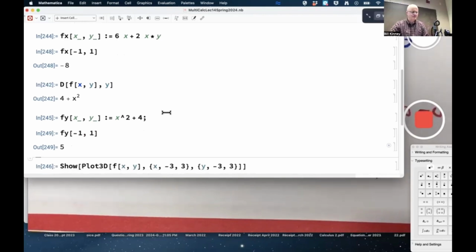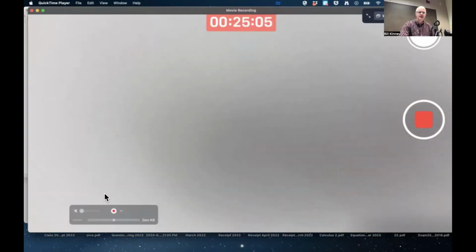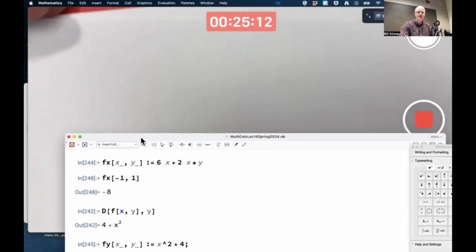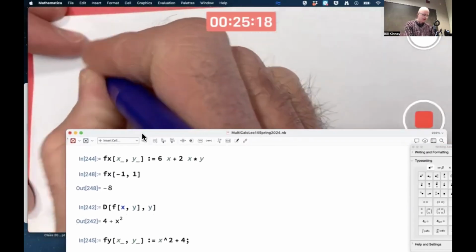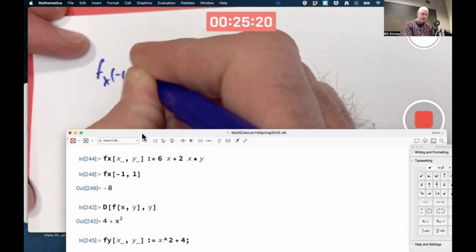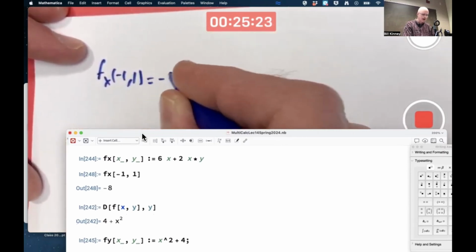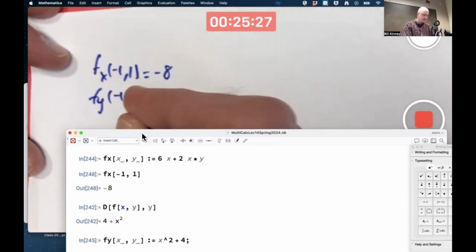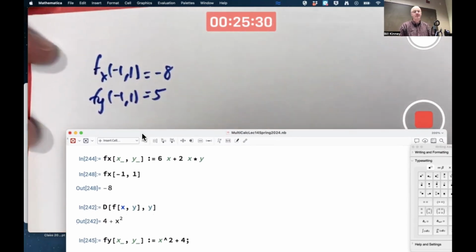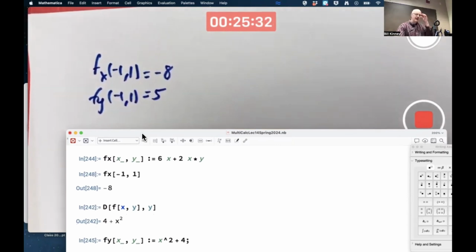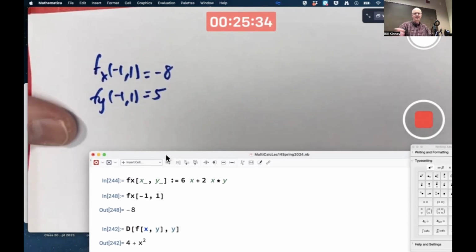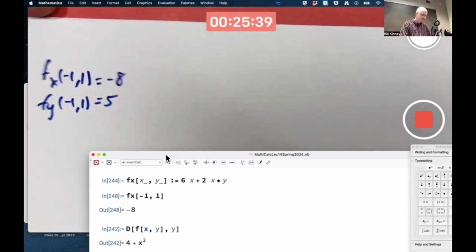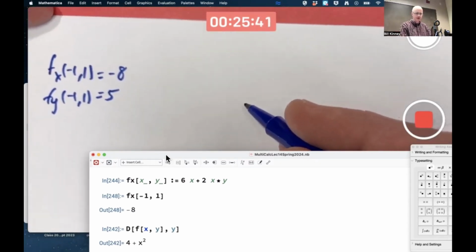So at the point x equals -1, y equals +1, we have just found that this has a value of -8, and this one has a value of +5. So if I was to try to interpret this with a not ideal drawing by hand, how would I attempt to do it?